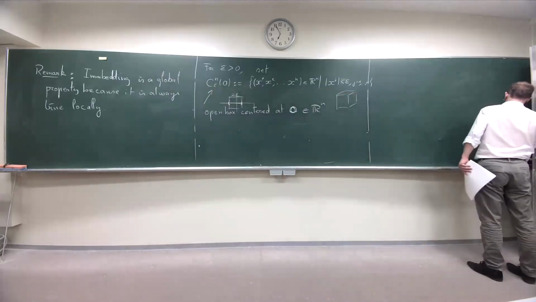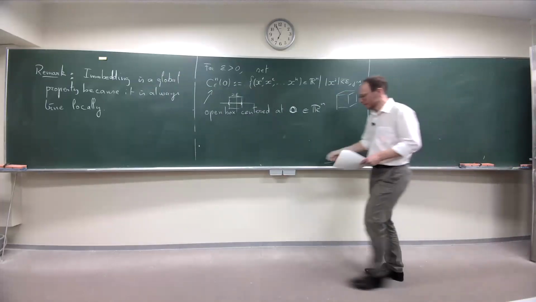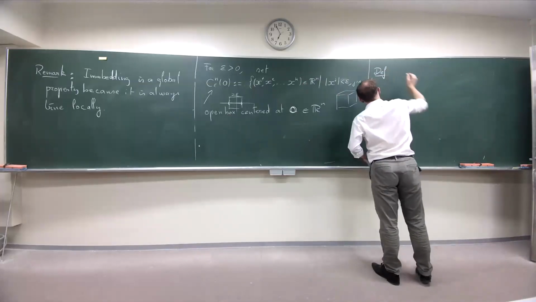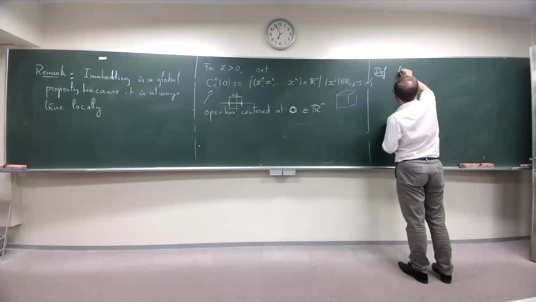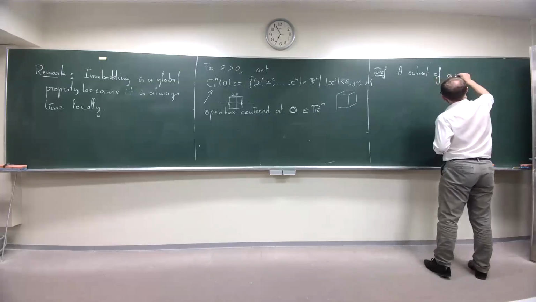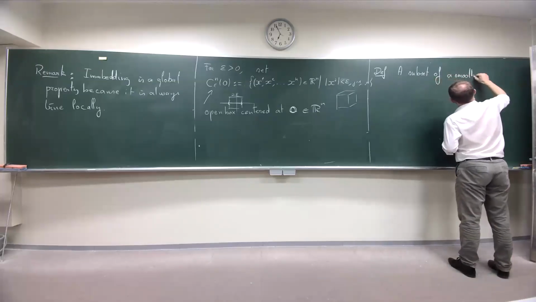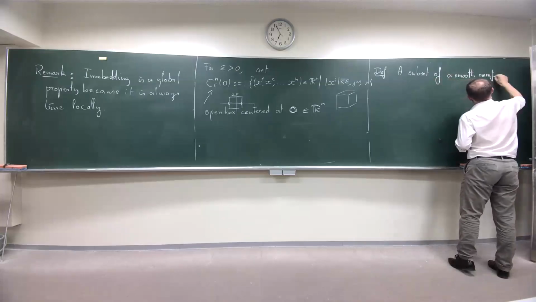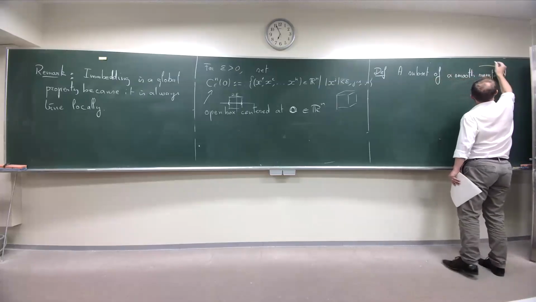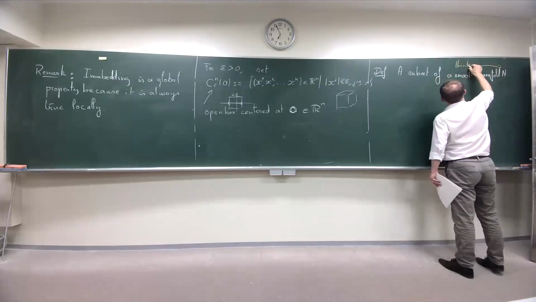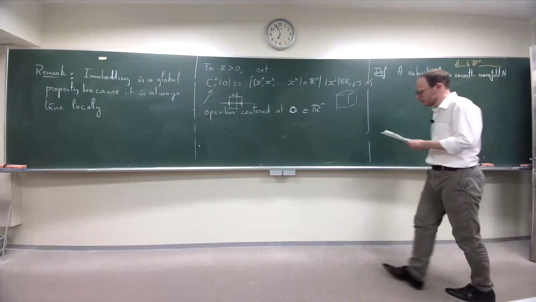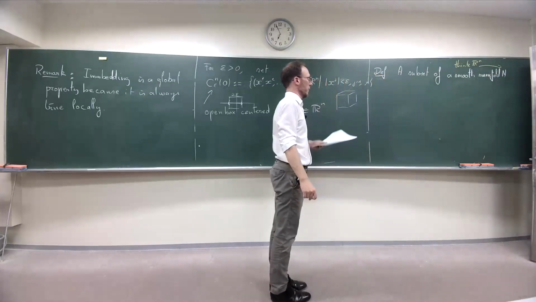Now, let me explain why we can easily feel what is a smooth manifold, because of the following property. A subset of a smooth manifold N. And I encourage you for this statement to think about N as simply R^n. Of course, it's slightly more general, but if you have R^n in mind, it's sufficient.